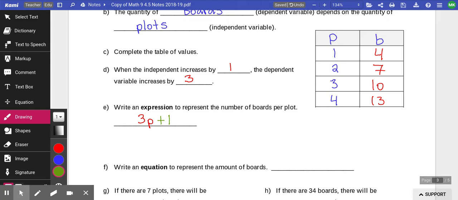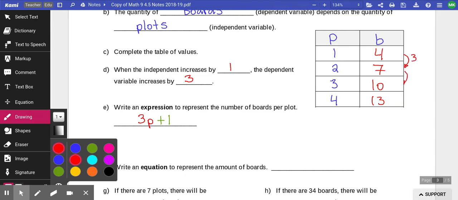When you have a table of values, the coefficient or the number multiplying comes from whatever this increase is. It's going up by 3 every time. That's going to match up with this.